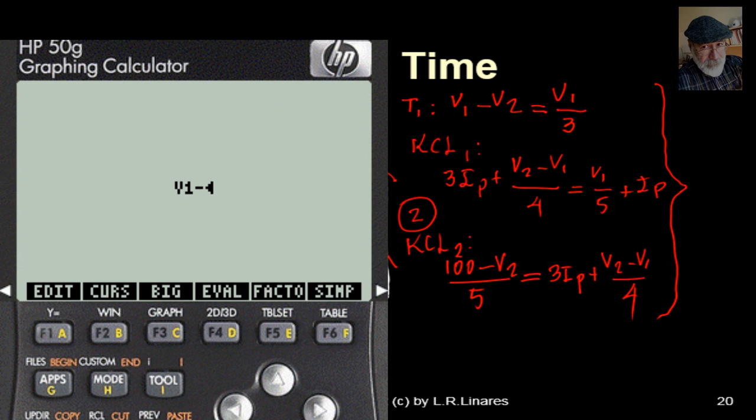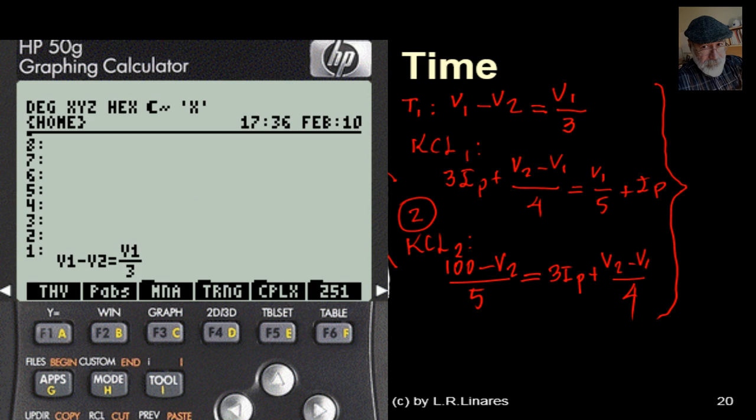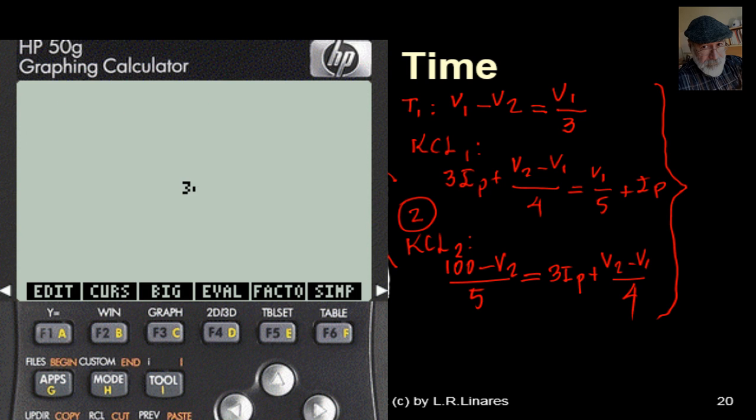So we enter the equations into the equation writer of the HP 50G, activate the equation writer. Write the first equation, which is V1 minus V2 equals V1 over 3. Enter. We go back to the equation writer and we write the second equation: 3 times IP plus V2 minus V1 divided by 4 equals V1 divided by 5 plus IP.